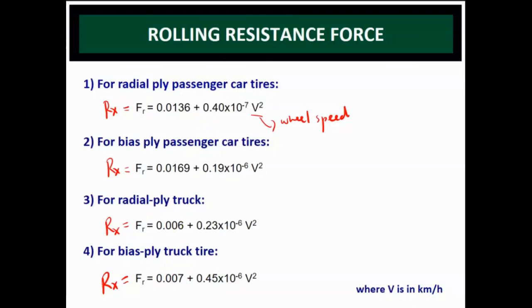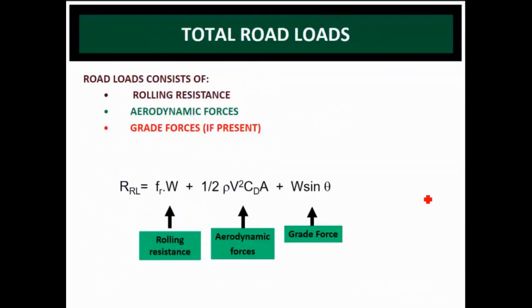And then if we total all the road loads, we have aerodynamic force, we have rolling resistance, and we have road slope. So the total road load, we can express as this equation. RRL, total road load, equal to rolling resistance. Saya ambil yang term yang simple dah.